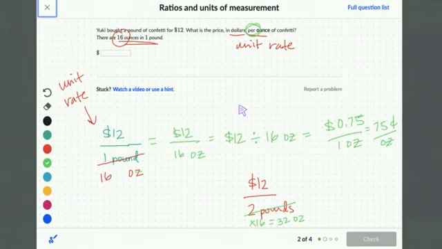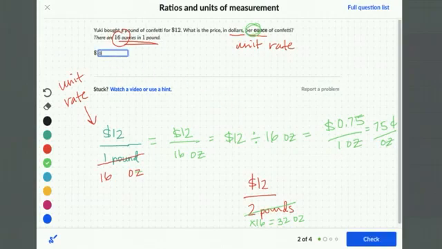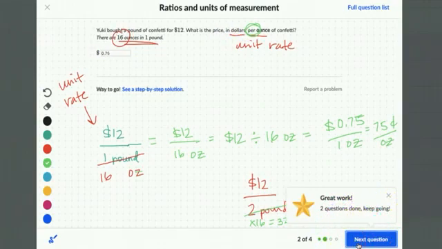But here they have the dollar sign, so you want to keep it in the decimal form. So it's 75 cents per ounce. You don't need to write the per ounce because they just want the dollar amount. Okay, so that is another question on converting units of measure.